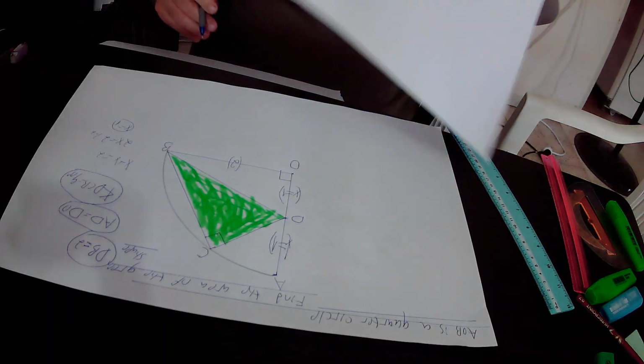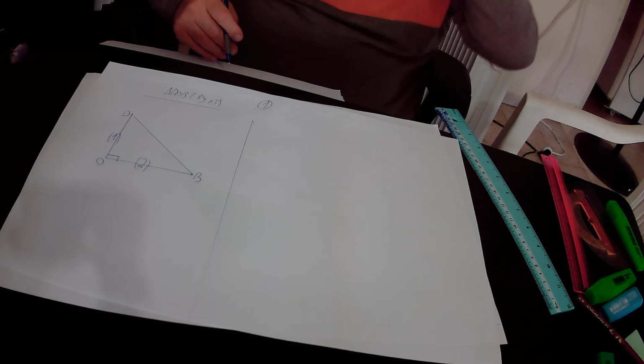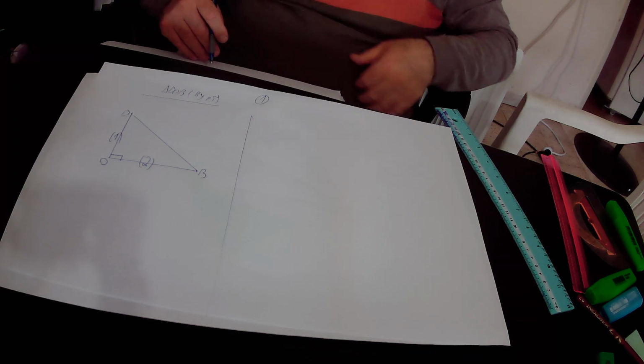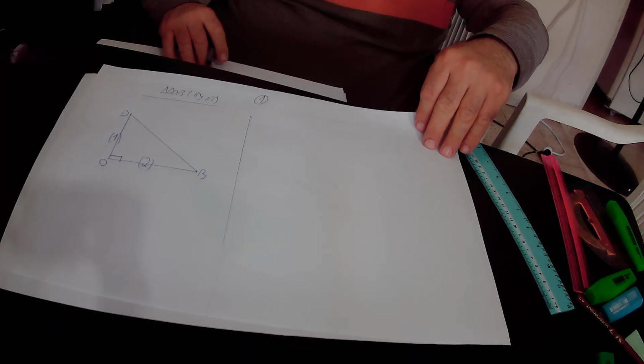So actually, this is the right triangle DOB that I got from the original drawing. According to the Pythagoras theorem, in this right triangle DOB, DB square equals DO square plus OB square. So I write it down.